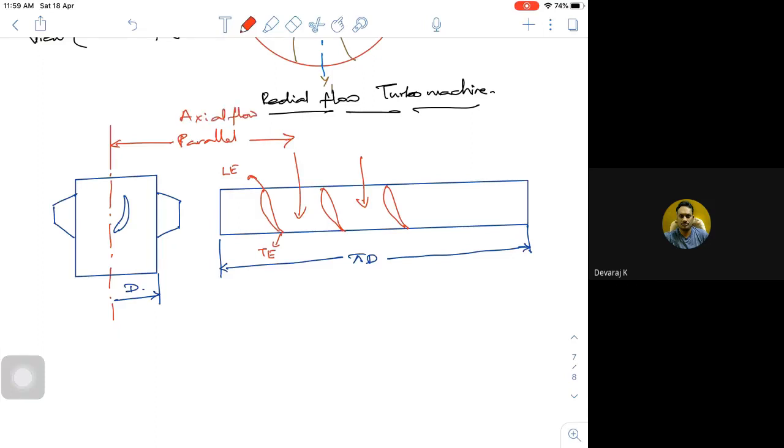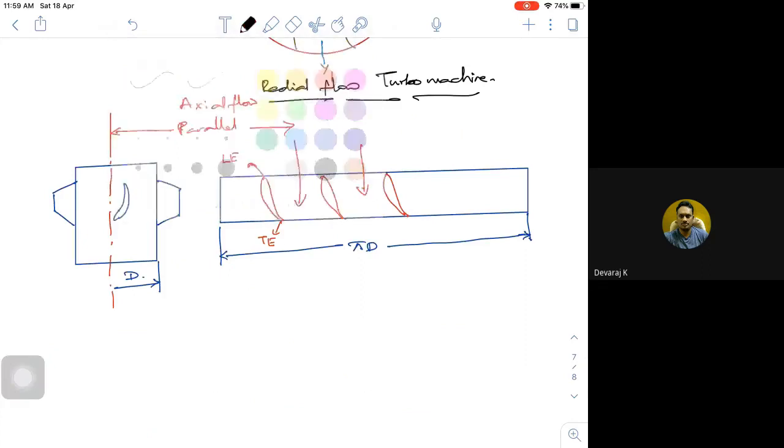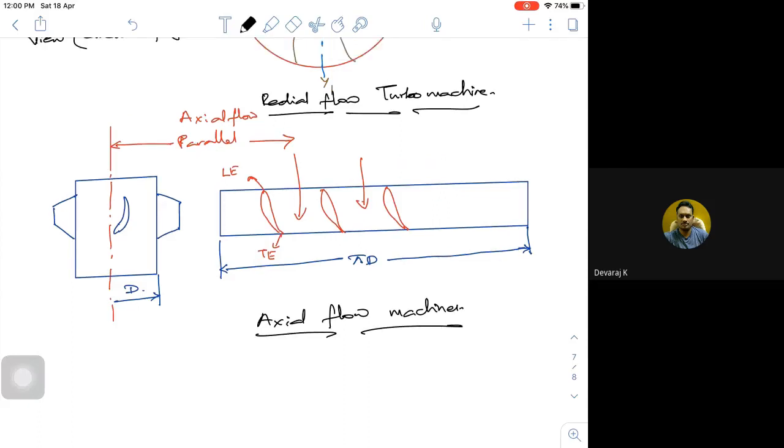The flow is exactly parallel to this. So in an axial flow machine, I will try to open the circumference along the mean diameter d, and I will try to put the profile of the blade over there.